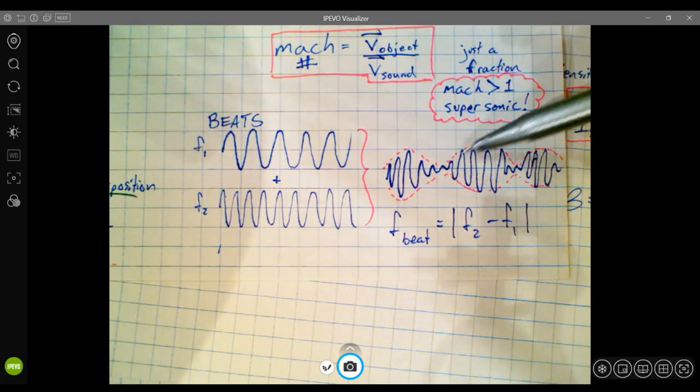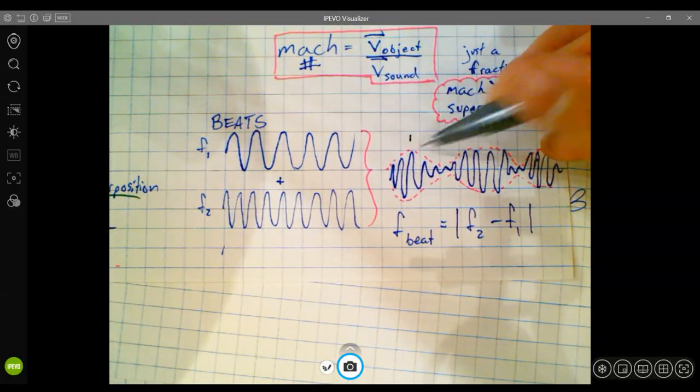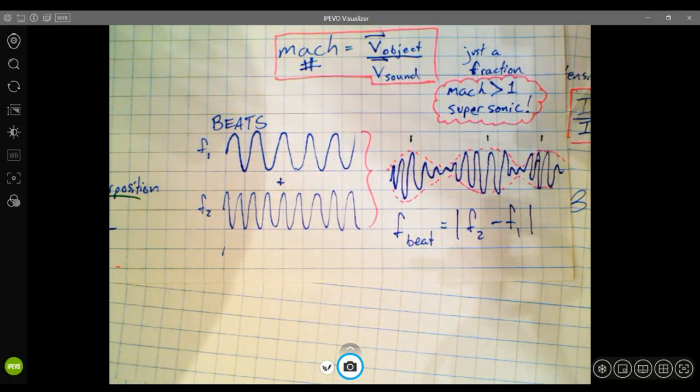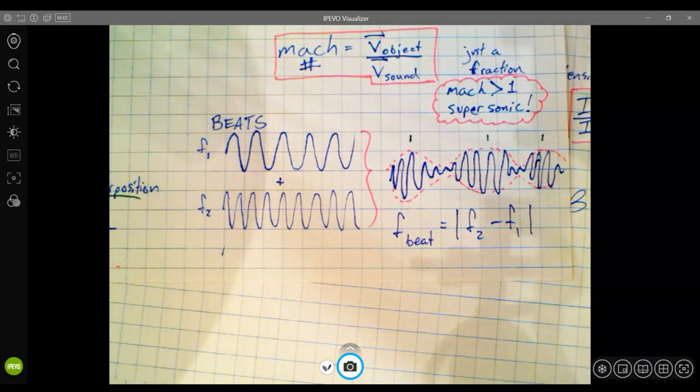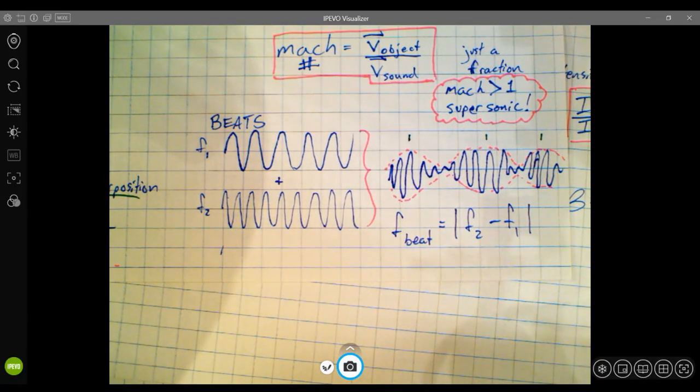This sort of envelope function would talk about what the frequency is of this beat. So you hear sort of a wom, wom, wom sound as these two frequencies interact with one another. And the beat frequency is the absolute value of the difference between the two frequencies.